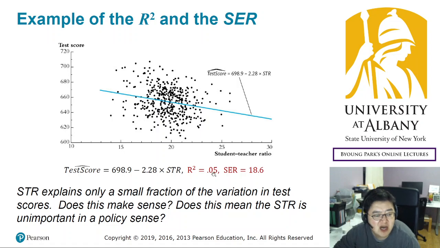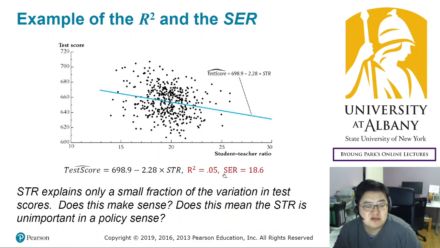First, R squared is 0.05, so is it small? It's only 5%, so it means that student-teacher ratio explains only 5% of the test score. Too small? How can we evaluate that? I'm going to talk about that in the next slide. And the standard error of the regression is 18.6.